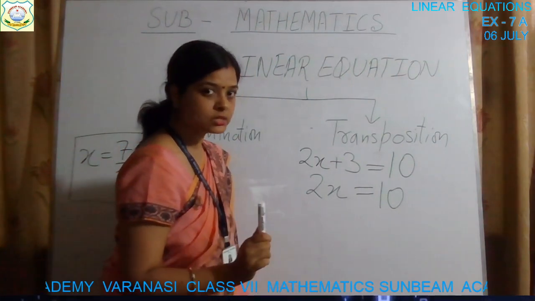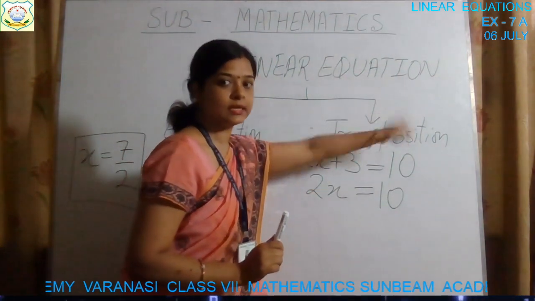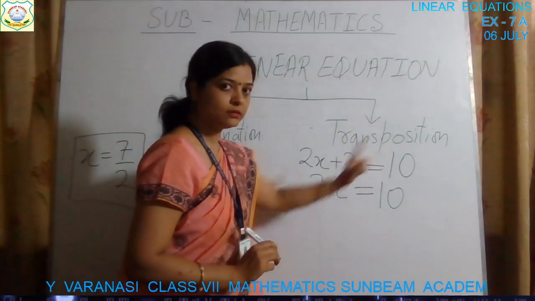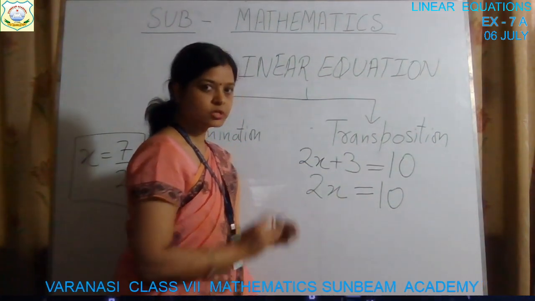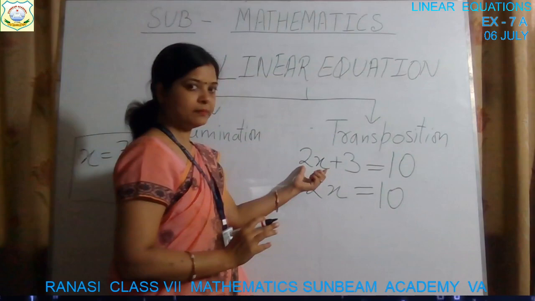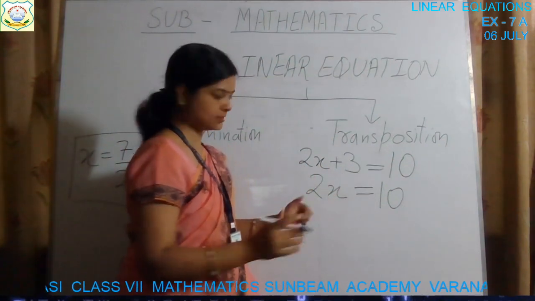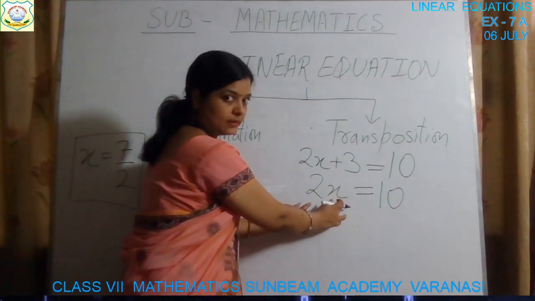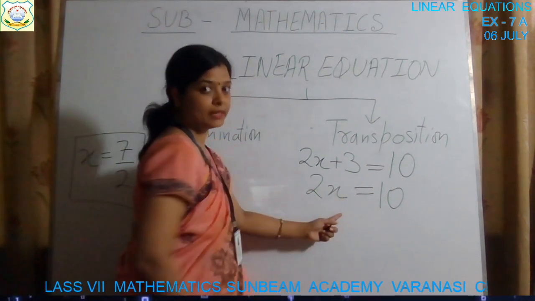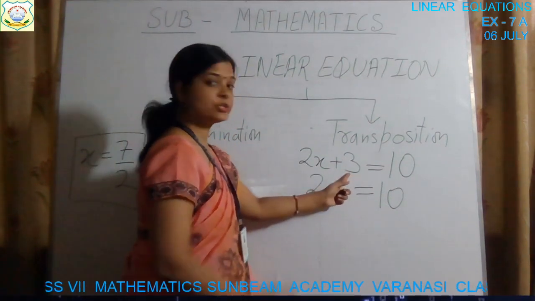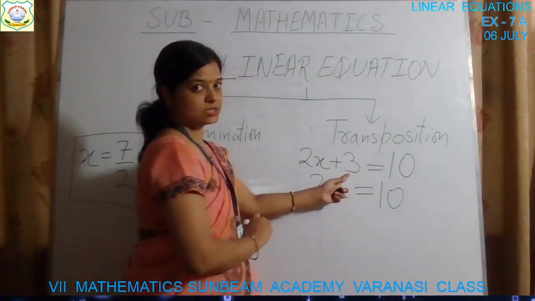Whose sign will change? The one who is going to the other side. Who is going to that side? 3. Because we are separating the variable term and constant term on different sides.